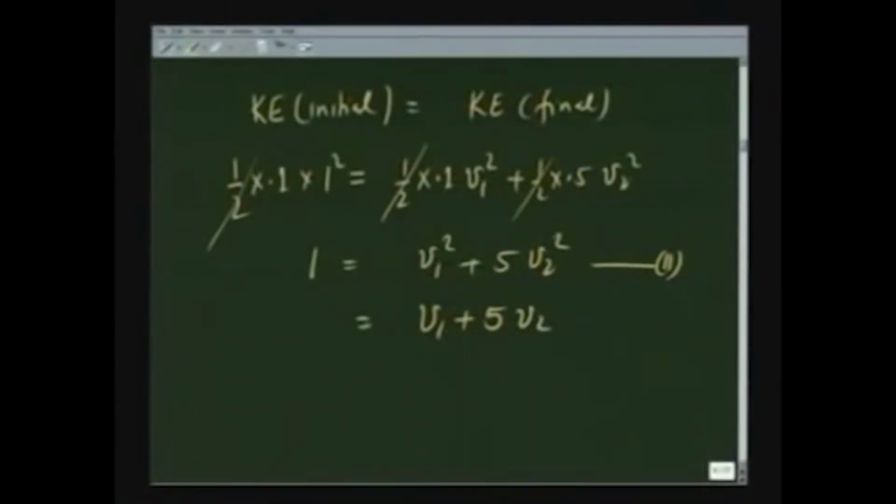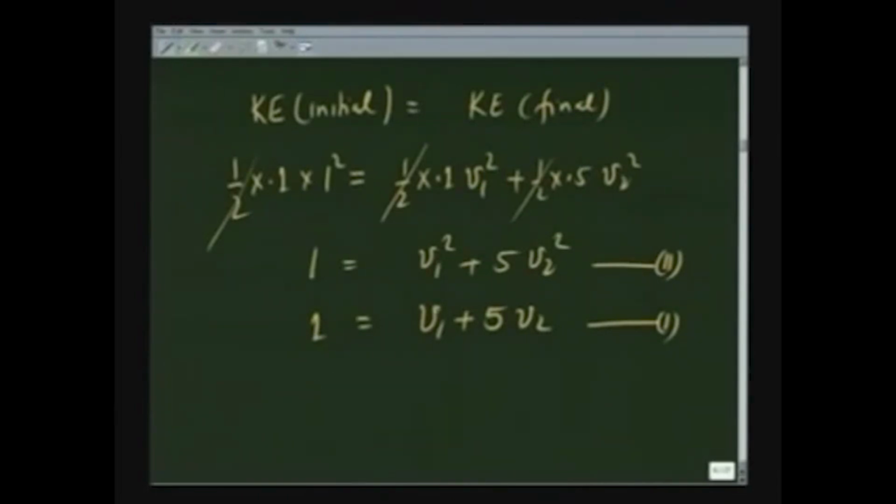This gives me 1 equals v1 square plus 5 v2 square. This is my equation number 2. Equation number 1, let me rewrite it once more: v1 plus 5 v2 is equal to 1. Solve these two equations to get v1 and v2.